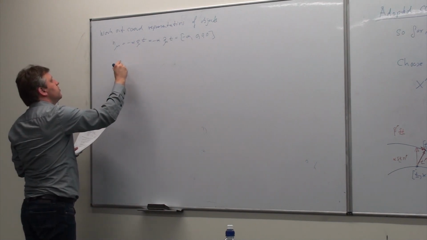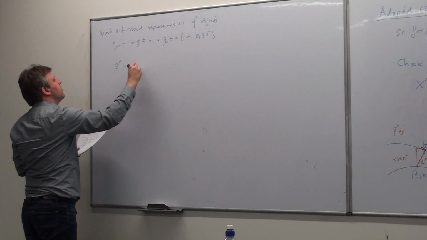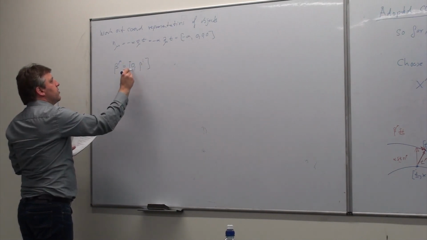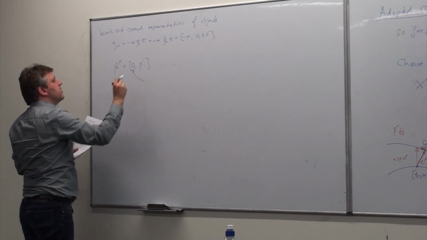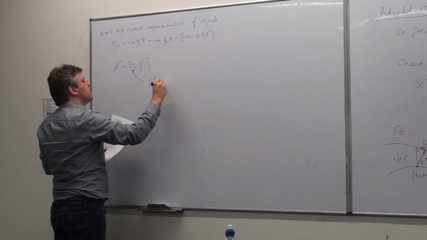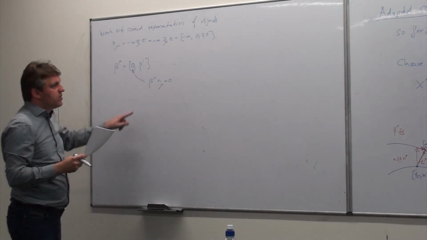For instance, beta mu now must have the form 0, beta I, where this 0 here comes about because beta is a spatial vector.